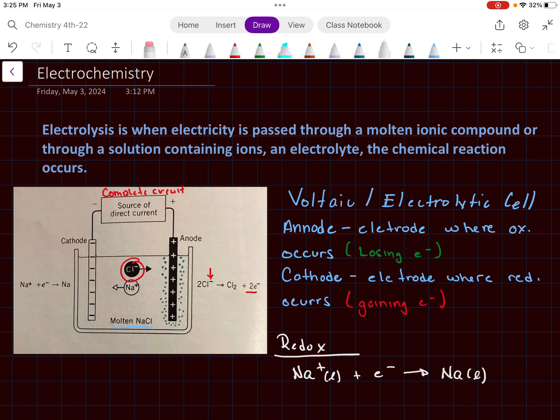And then you see that the 2 moles of chlorine, 1 minus, are becoming chlorine to form Cl2 and give up those 2 electrons.